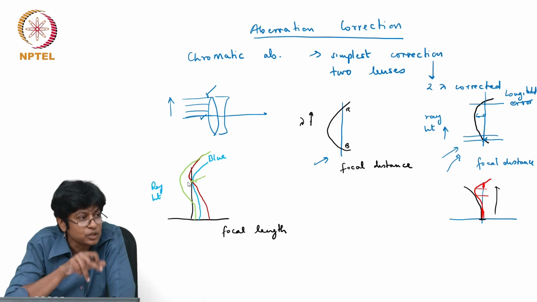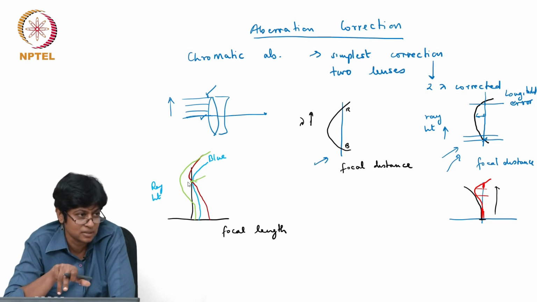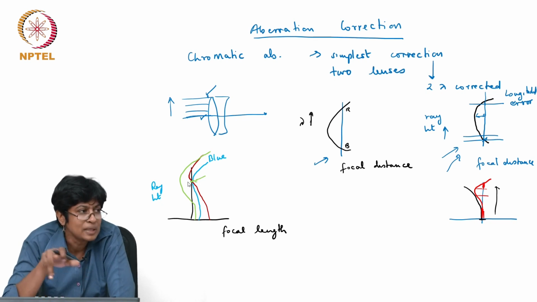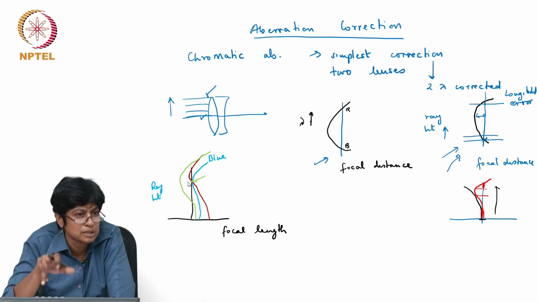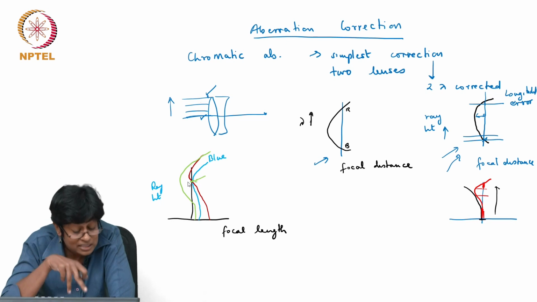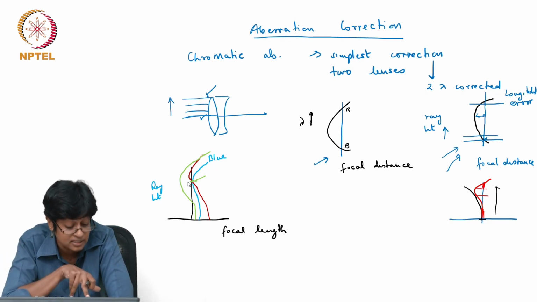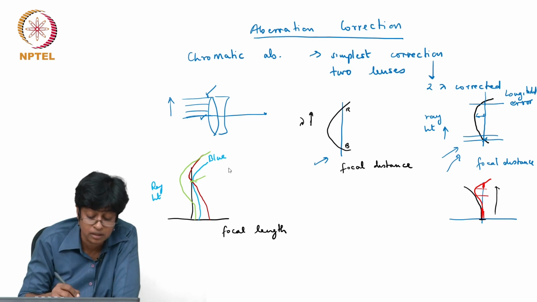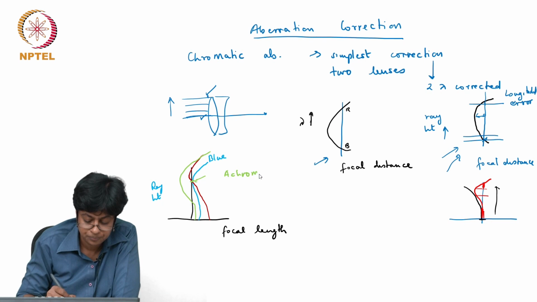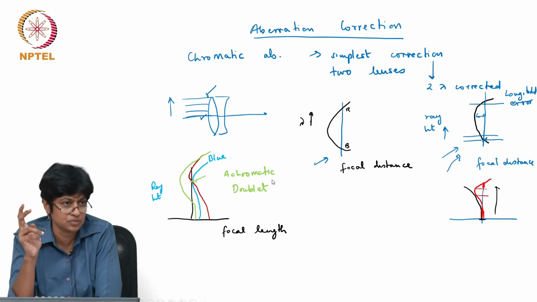So you need to look at all these aspects to actually judge the level of correction that has been achieved in a system. And this is why you might use more than just two lenses. These graphs are typical of what you would get of what is called an achromatic doublet, because you've used two lenses for the correction.